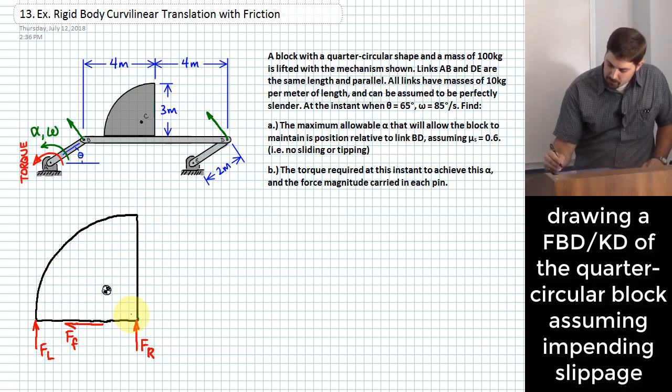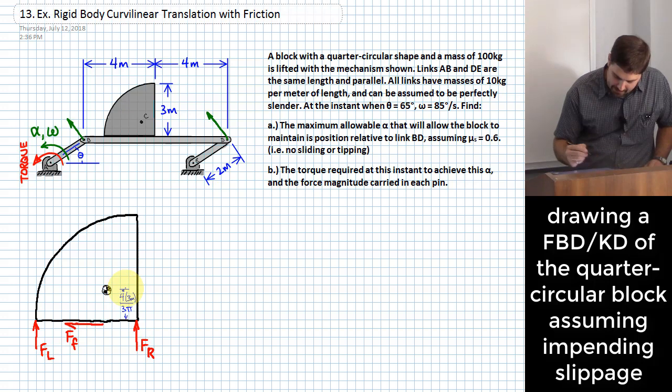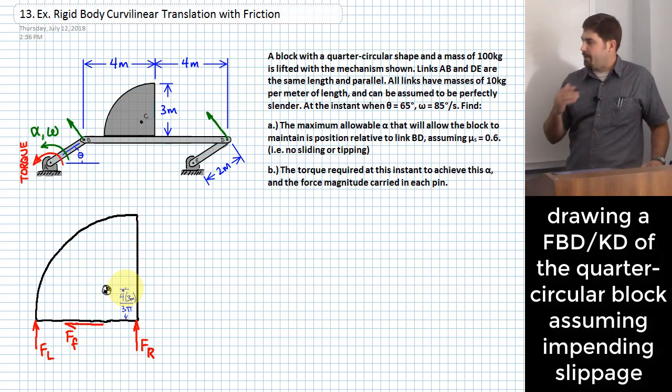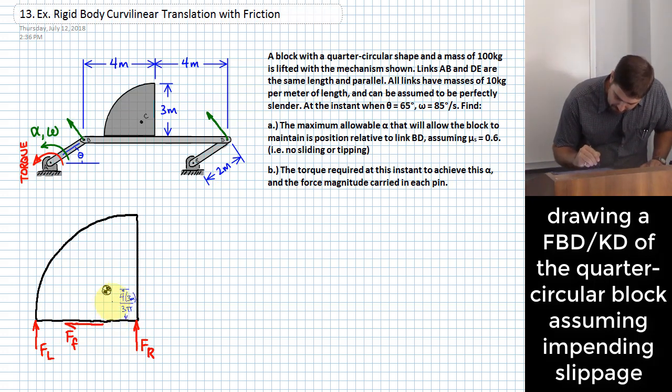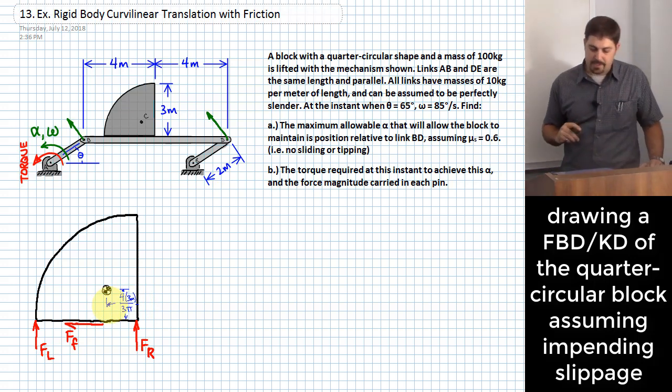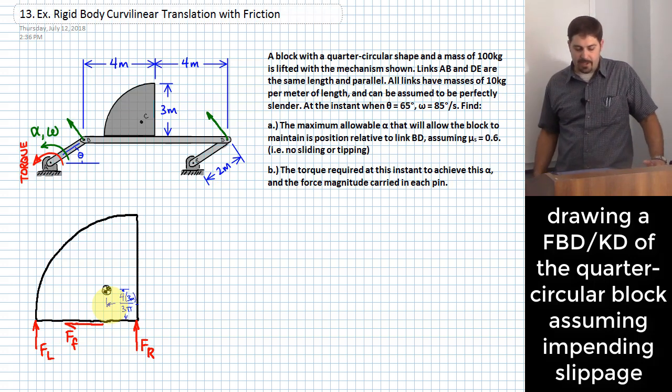Then you can figure out where this is located based on 4r over 3 pi. So for us, r is 3 meters. Okay, so that's where that height is, and because it is symmetric about a line that's 45 degrees going up right there, that is also the value that we would have going over here, if that makes sense. Okay, so that's the center of gravity.